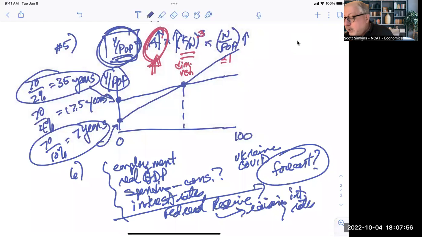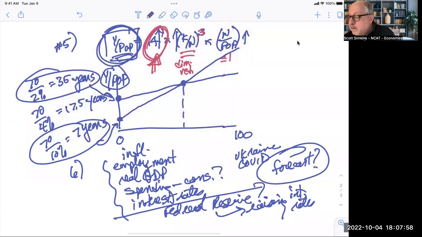We also have inflation. What's been happening to inflation? This question is really giving me an understanding of how you keep up with reading the Wall Street Journal and what's happening in the U.S. economy, and to be as specific as possible about that.